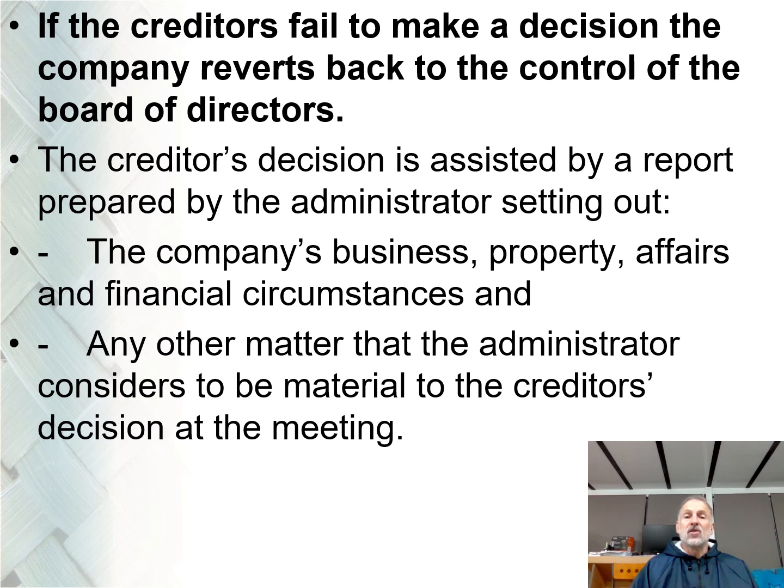The creditors' decision is assisted by a report prepared by the administrator setting out the company's business, property, affairs, and financial circumstances, and any other matter that the administrator considers to be material to the creditors' decision at the meeting.